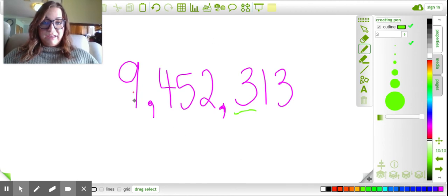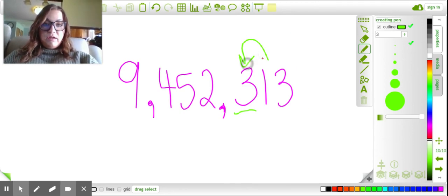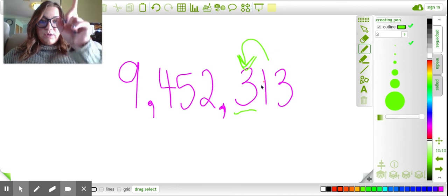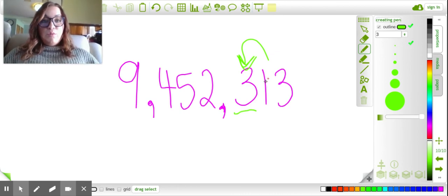Nothing is going to change over here. We're just paying attention to the hundreds place and the neighbor to the right who's going to tell him what to do because he's always right. If it's 0 through 4, it's going to stay the same. 5 through 9, it's going to go up by 1. 1 falls into that 0 through 4, so it's going to stay on the floor. He's going to stay the same.